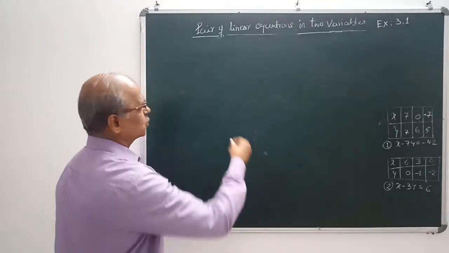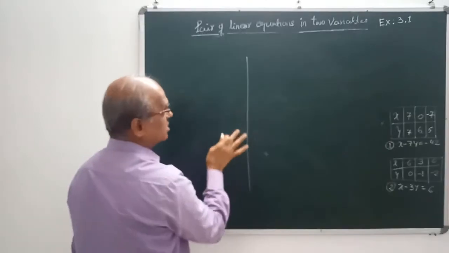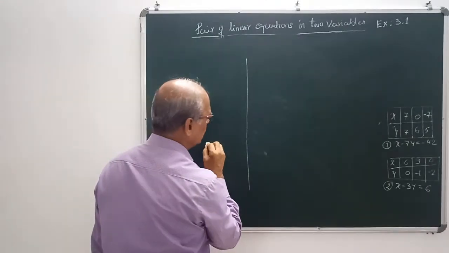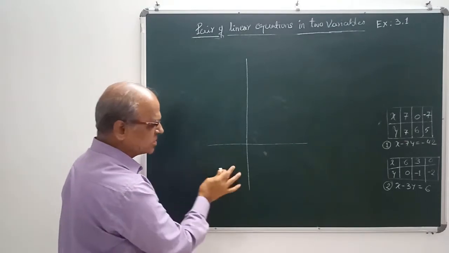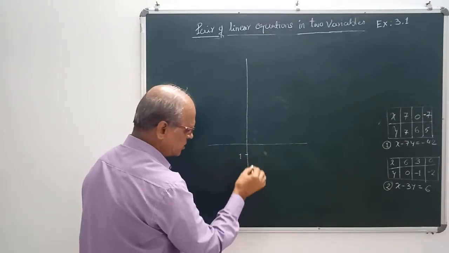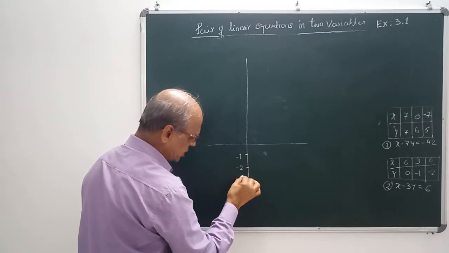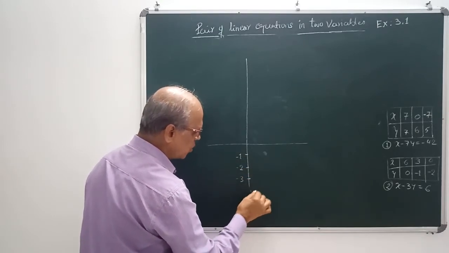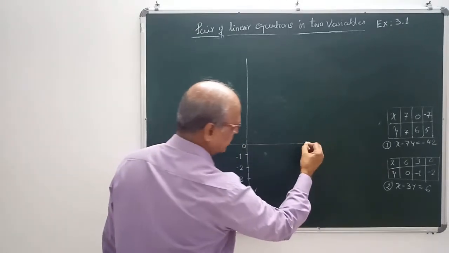Table 1. So my point is here. This is my y-axis. See here, plus sign. I will give more space. And here less space is enough because minus are hardly 2. 1 and 2. This is minus 1, minus 2. One more extra, minus 3. And this is my y dash. This is our 0. Here 7 are there.